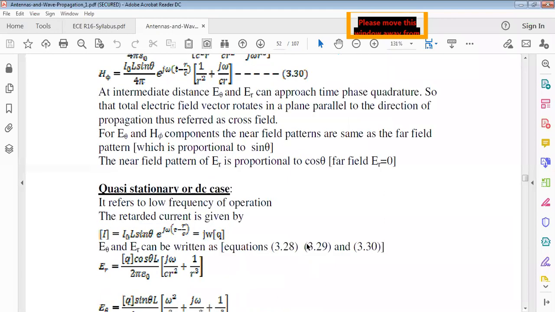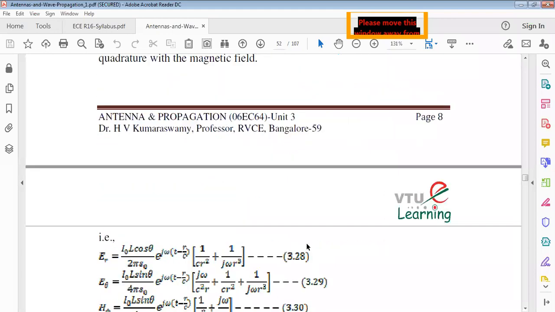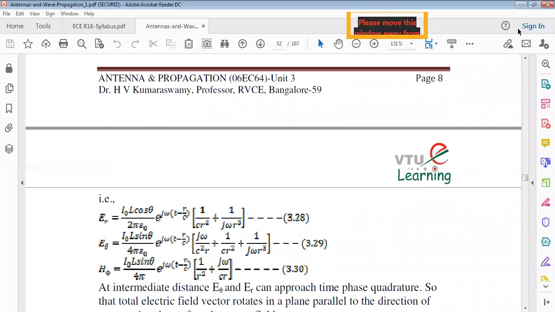Upon simplification means you just have to directly multiply these terms here. Directly multiply this magnitude with 1 by C R square and this magnitude with 1 by J omega R cube. Similarly, this term with this term, and simplify.